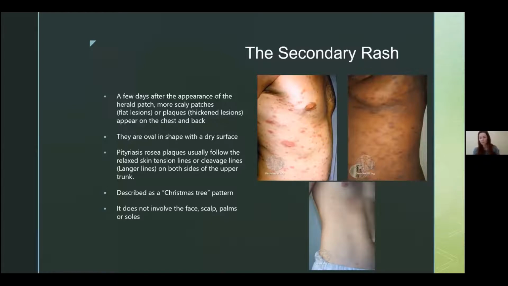You want to examine these areas, because if you see involvement in the palms or soles, then you would actually consider a different diagnosis in your differential, because there are other conditions that can look very, very similar to this. An important one that I didn't include in this presentation, but that would essentially look the same as this, except you can have that palm and sole involvement, is syphilis, which is one that you don't want to miss and you absolutely want to treat.